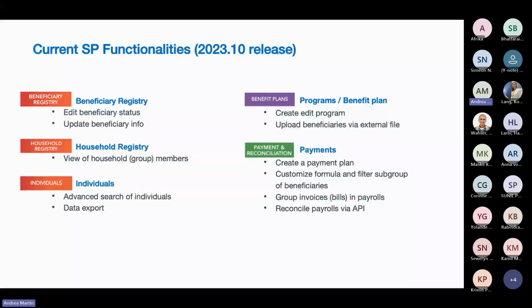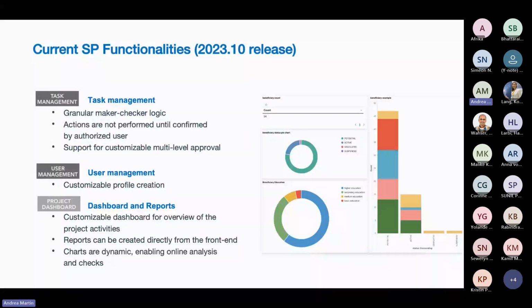We spoke about Task Manager. This is something new that has been added, and I think it is beneficial also for openIMIS, what we call a maker and checker logic. So instead of having an action applied to the system as soon as one user presses a button, we have the possibility of configuring a multi-stage approval. So let's say that you want to generate payment.